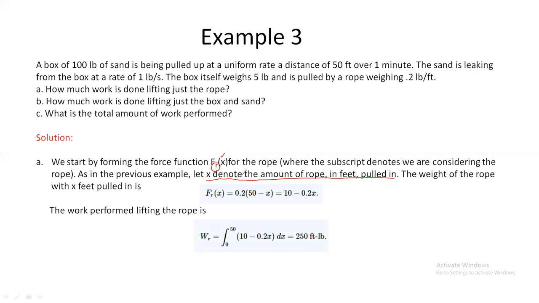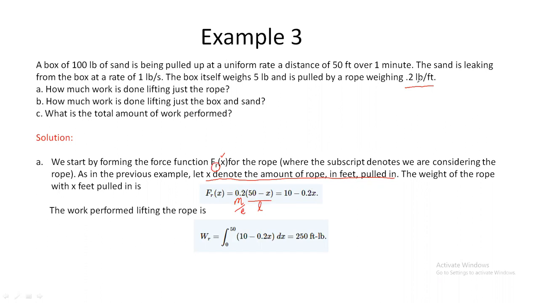So if it is X, then the remaining amount is 50 minus X. The remaining amount that needs to be pulled in is 50 minus X. This is the length that is remaining. And what is the mass for each foot of that particular rope? You can see it in here. It's 0.2 pounds. So you're multiplying this length with the mass per unit length, giving you the mass already.